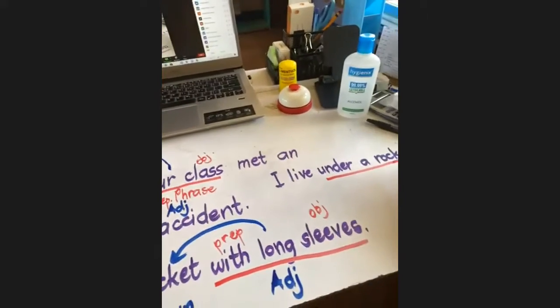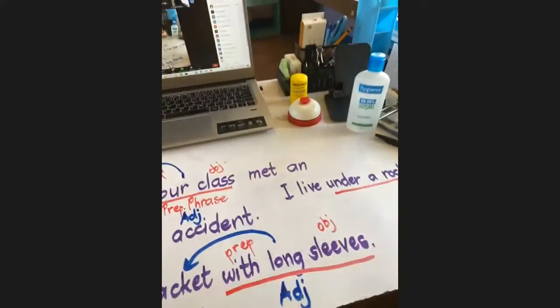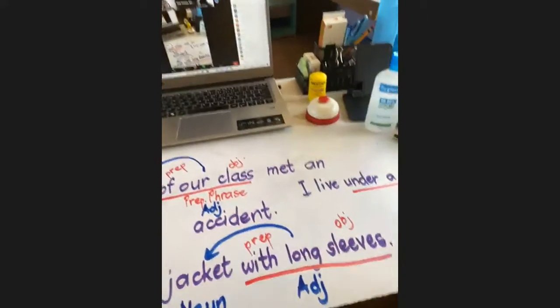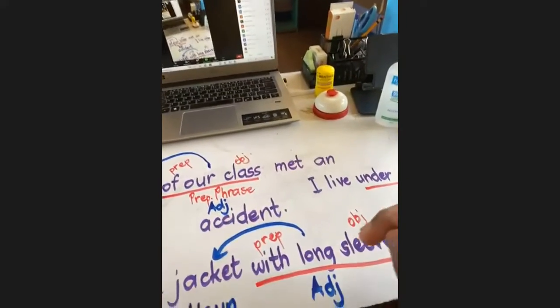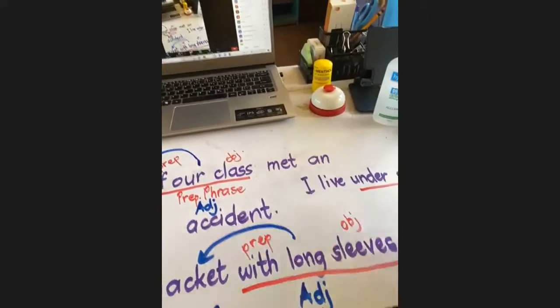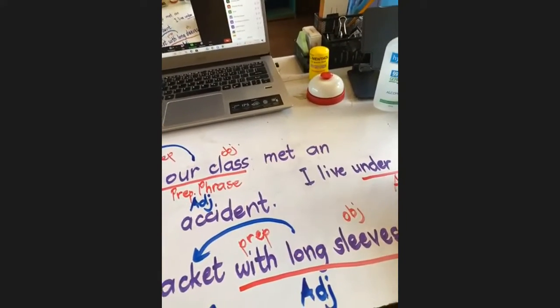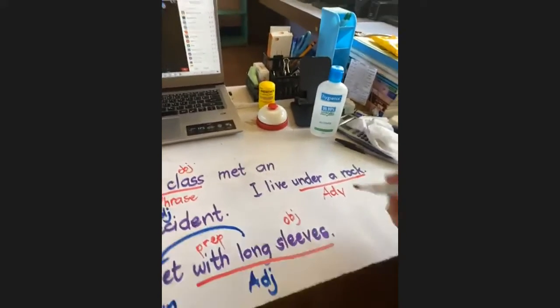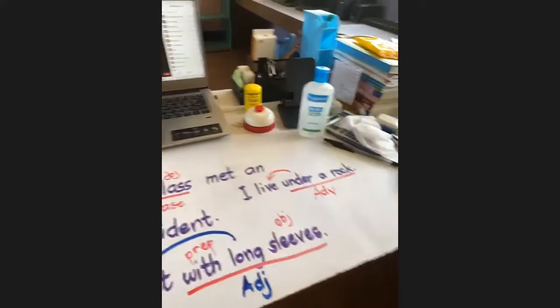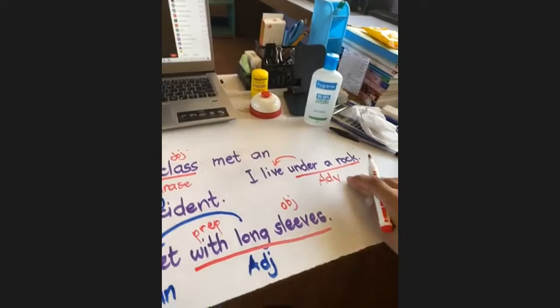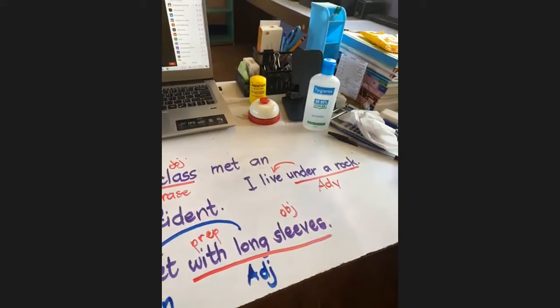It is. Does it modify? It does. Better question, does it modify as an adjective? It does not. This is an adverb, as it modifies the verb live. Modifiers to verbs are what we call adverbs, not adjectives.